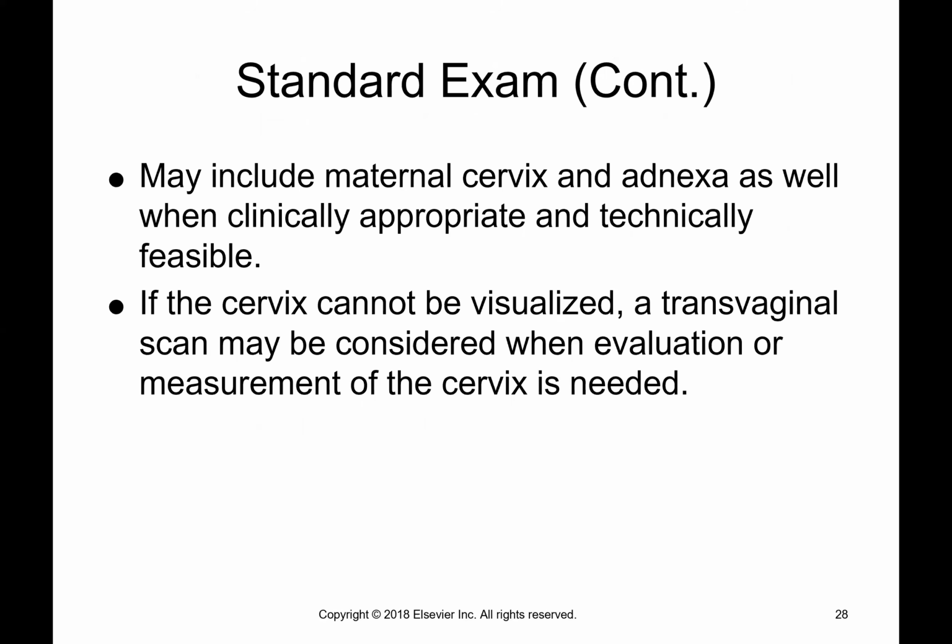We might look at the cervix and adnexa when appropriate. If they want to see the cervix a little bit better, they might recommend a transvaginal scan because that's the best way to evaluate the length of the cervix.